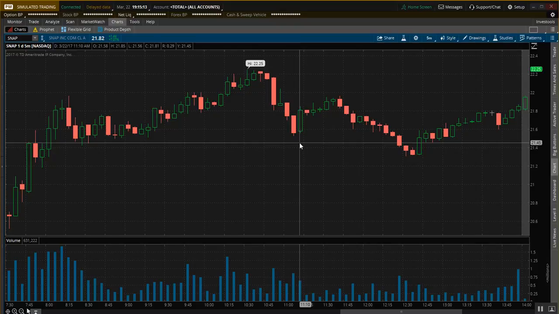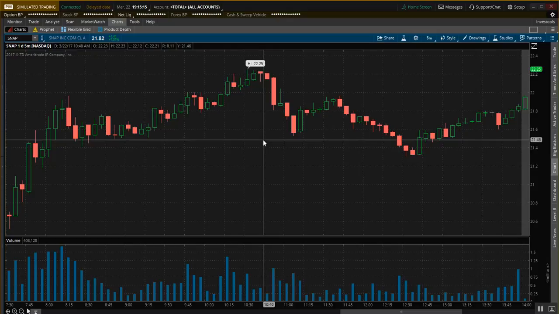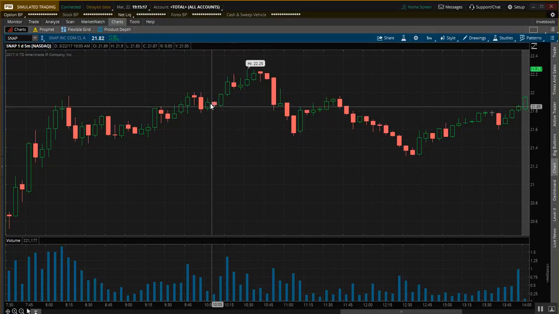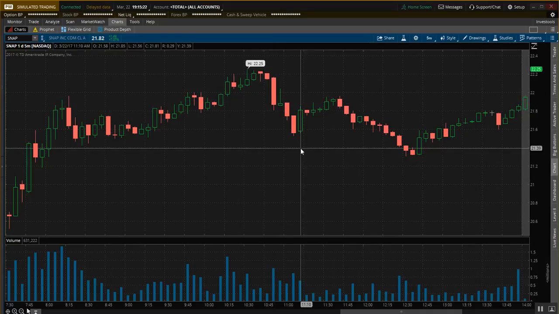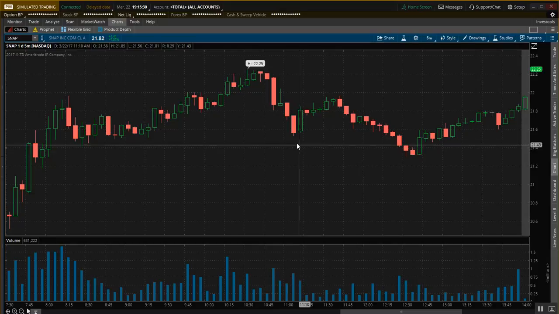What candlestick charts are is a set of green and red bars, basically. And what these bars consist of are basically two main things.